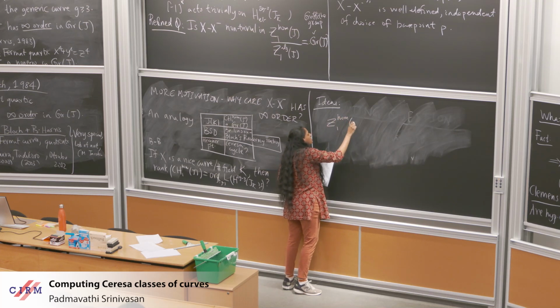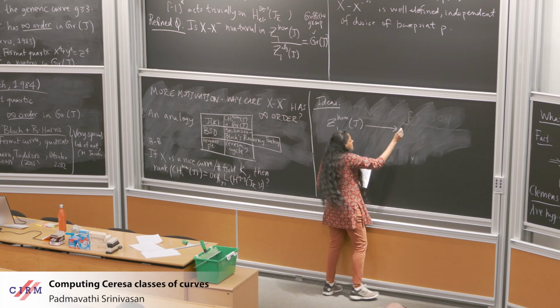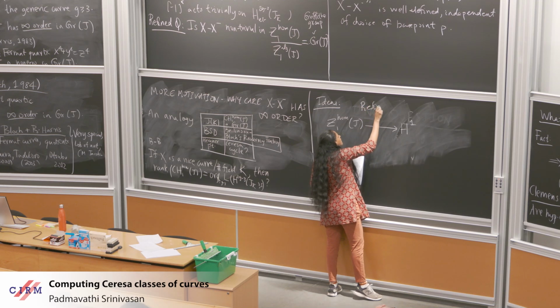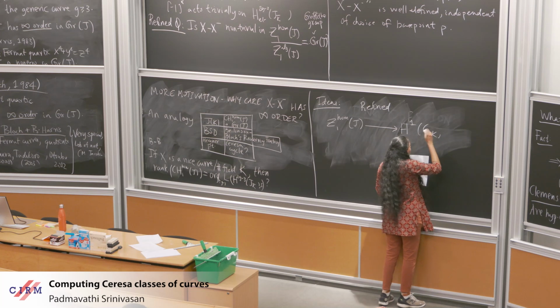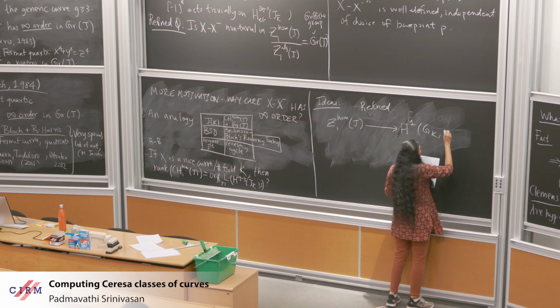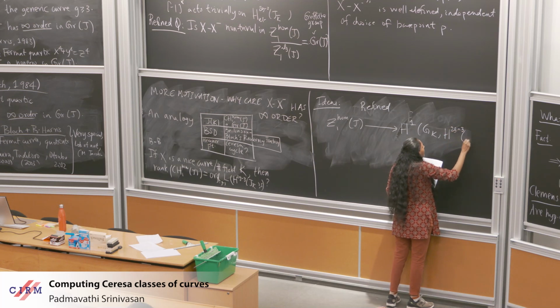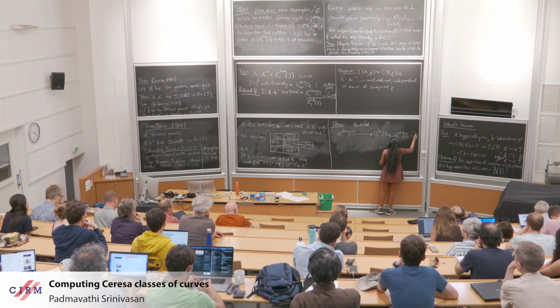You don't want to take the usual cycle class map that will send homologically trivial cycles to 0, but there's a refined cycle class map that maps to H^1, just like in Tony's talk, a Galois homology class in H^1. And it's one mantra to remember: cycles are hard, but cycle classes are easier.